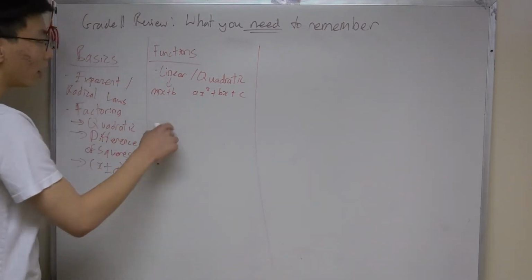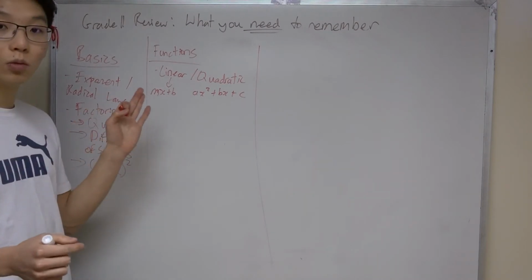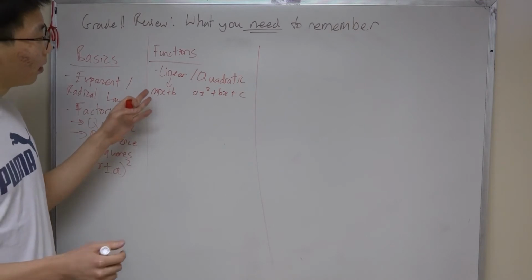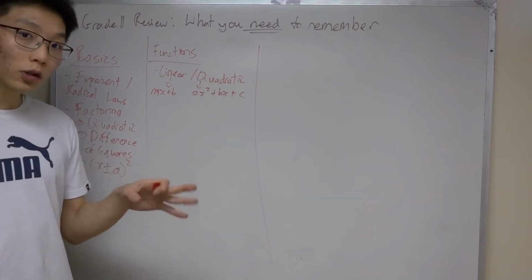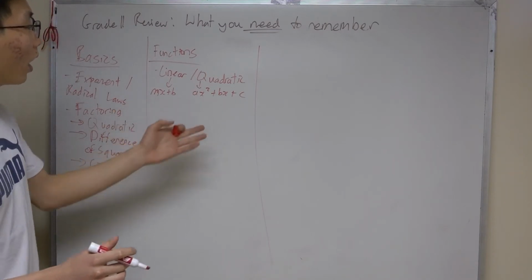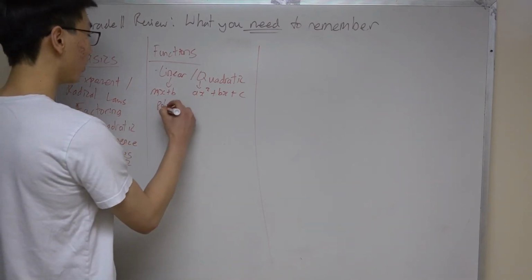Well, you're right, except that there is one way in which they are similar. And actually, the way in which they are similar is the first main subject of advanced functions. These two are actually examples of what we call polynomial functions.